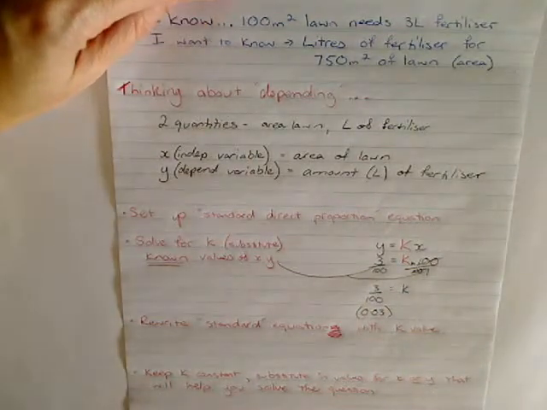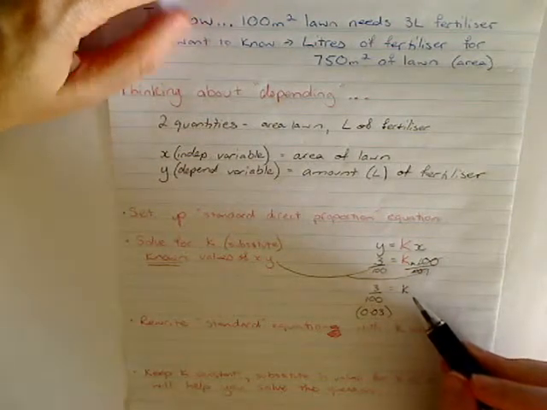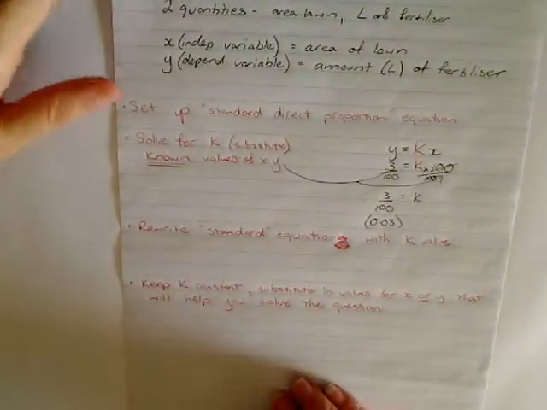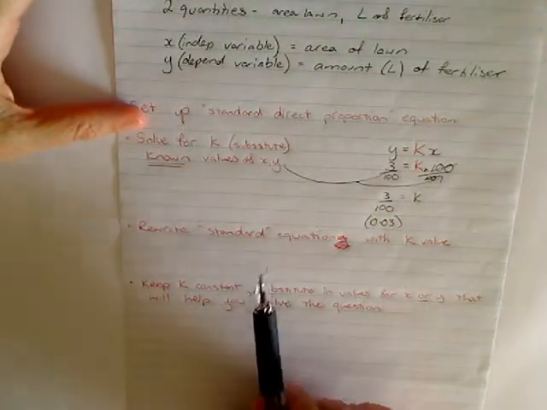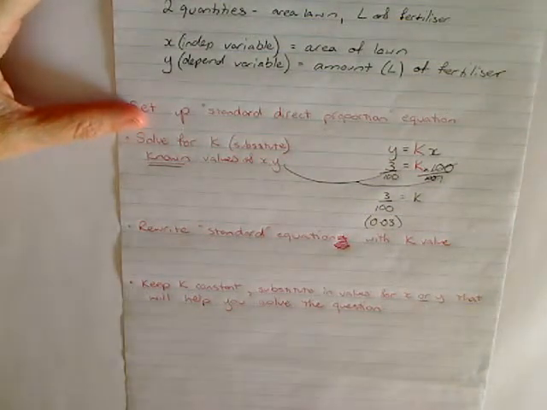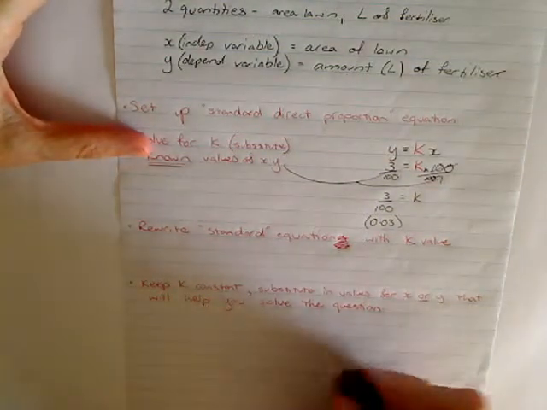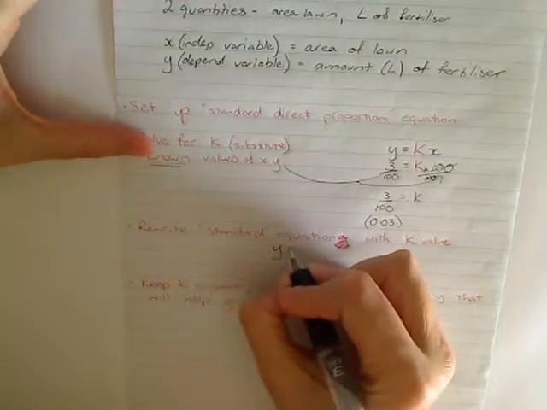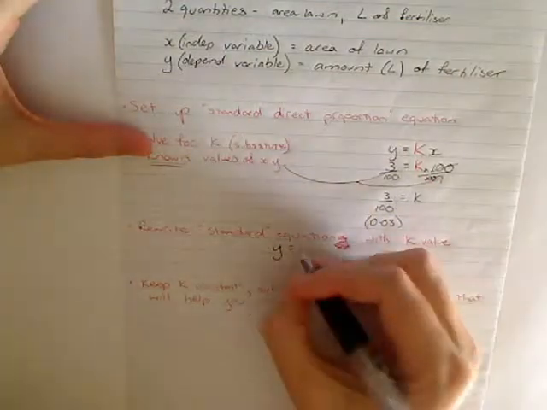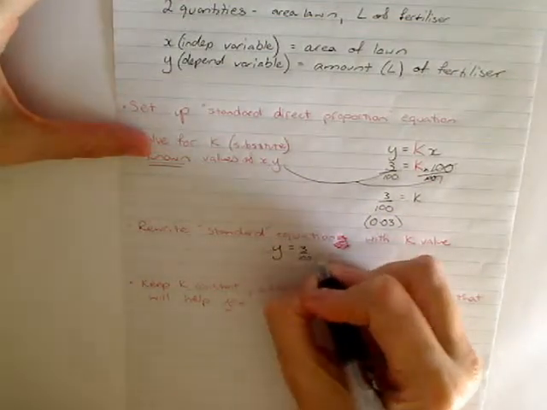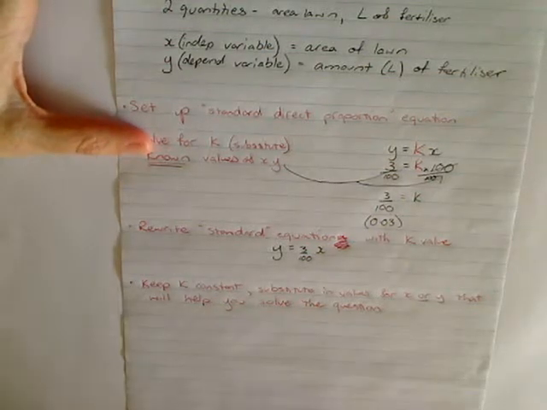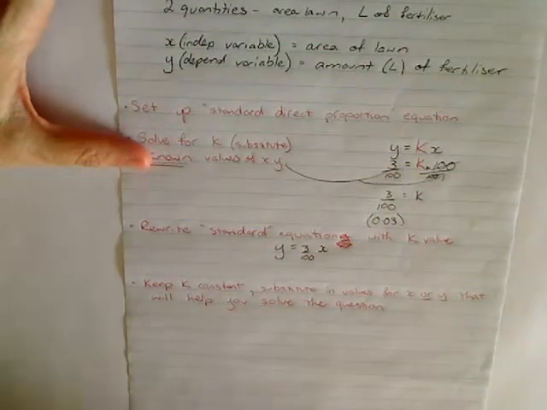Either one is fine. Okay, now that we know what k is, I can write the standard equation for this situation because I know my k value. So for anything to do with our lawn and fertiliser, we know that y equals 3 over 100 by x. For any situation with this lawn and fertiliser.